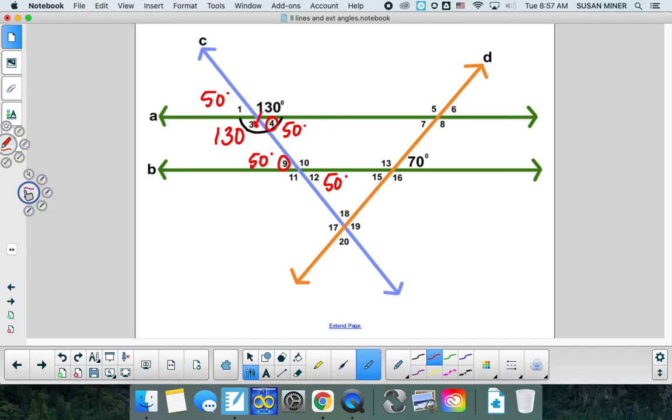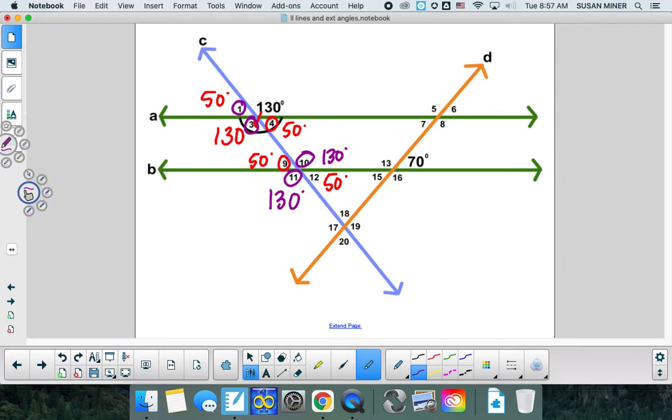And I can say, oh, hey, look, angle 10 and angle 3 are also alternate interior angles, right? And maybe I could say something like angle 1 and angle 11 are same side exterior, and so they have to add up to 180 degrees. There's some angle relationships.